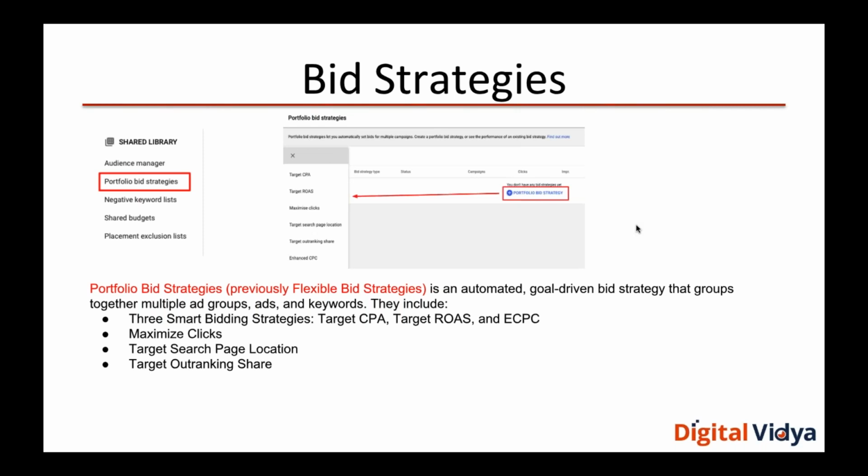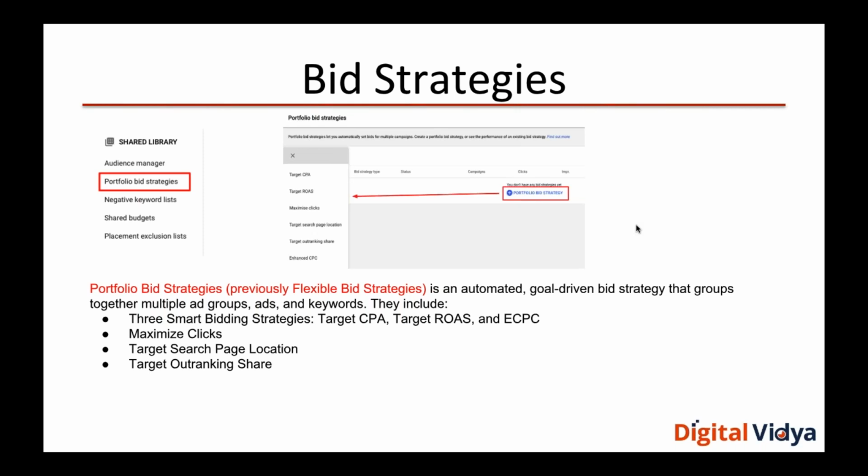So if I set my target ROAS as 500%, what does that mean? For every 1 rupee I spend, I want to get 5 rupees in return. If you notice this, the ROAS bid strategy is focusing on the conversion value, whereas CPA is focusing just on quantitative conversions. You want conversions, you don't care about the value, but you want the conversions at a particular amount in CPA.